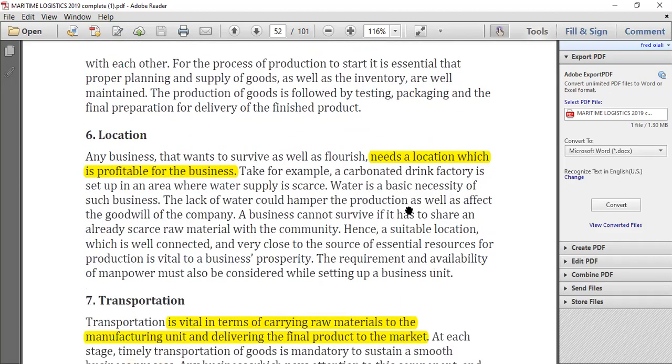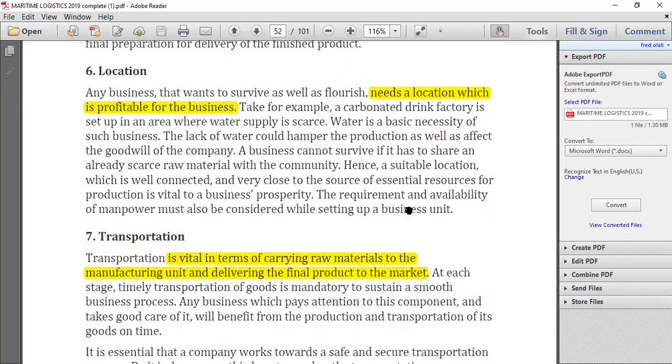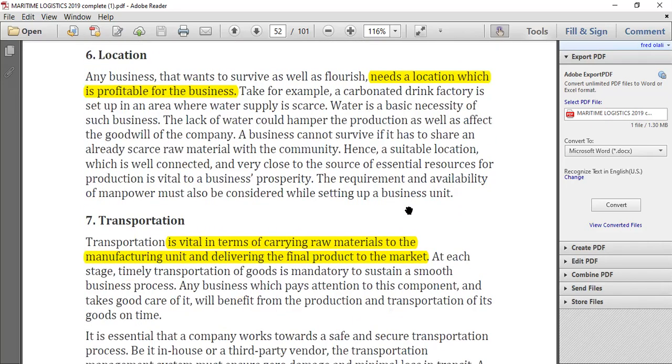Then the other component is location. Now, any business that wants to thrive as well as flourish needs a location which is profitable for the business.